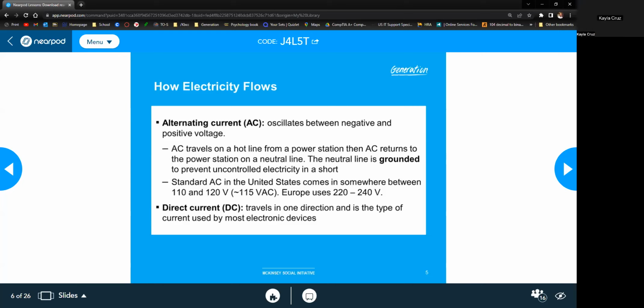Why does Europe use a higher voltage? They built their infrastructure around that voltage. Oh, okay. Yeah, so that's how their infrastructure is set up. Our infrastructure is set up for 110 to 120. But is that more efficient, or what's the reason for that exactly?